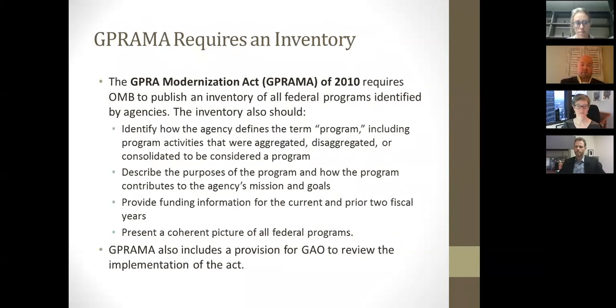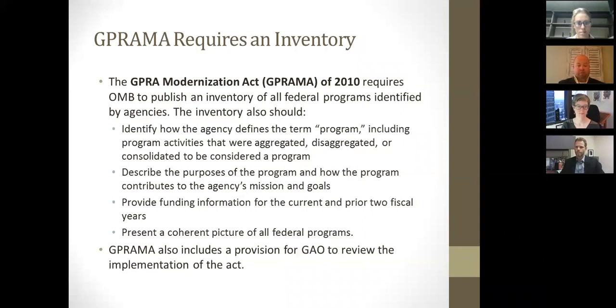That brings us to more recent times. The GPRA Modernization Act was an effort to modernize the efforts I mentioned before to develop better performance information at agencies. It made a number of changes. The one that's critical to our discussion today is that it required the agencies to develop an inventory of federal programs, and OMB led that effort.